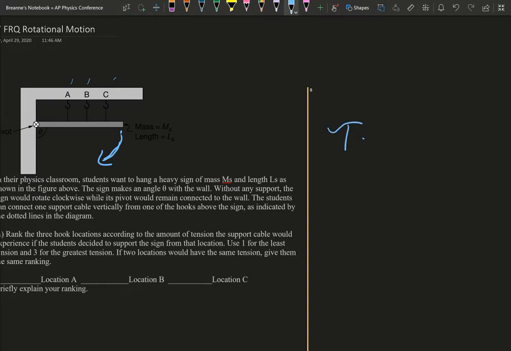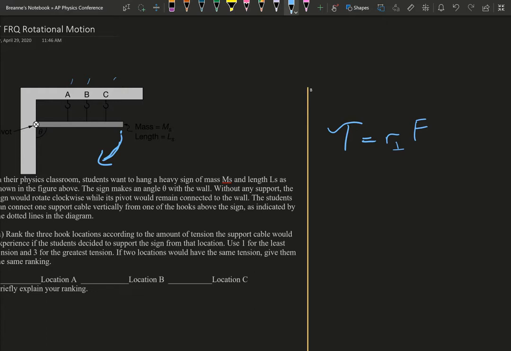So torque is just force times your radius, basically. On your equation chart, I think it has it flipped, so I will put it as r F, and your r has to be perpendicular to your force.